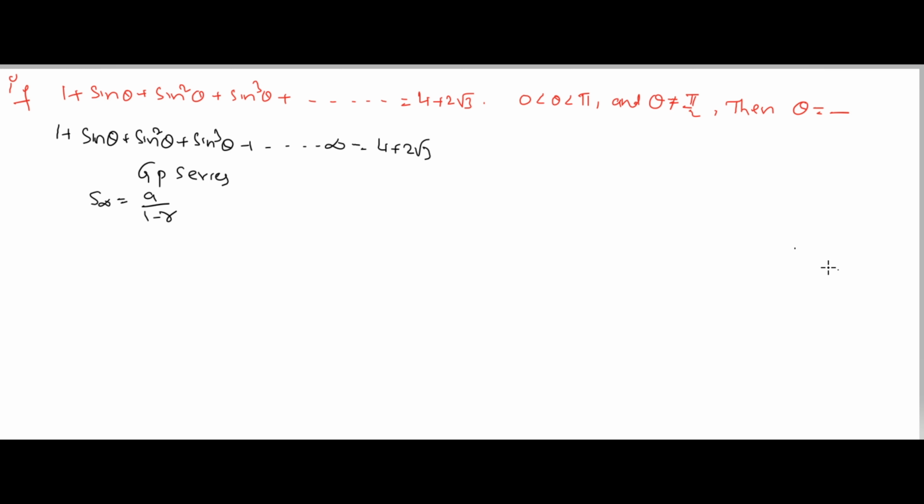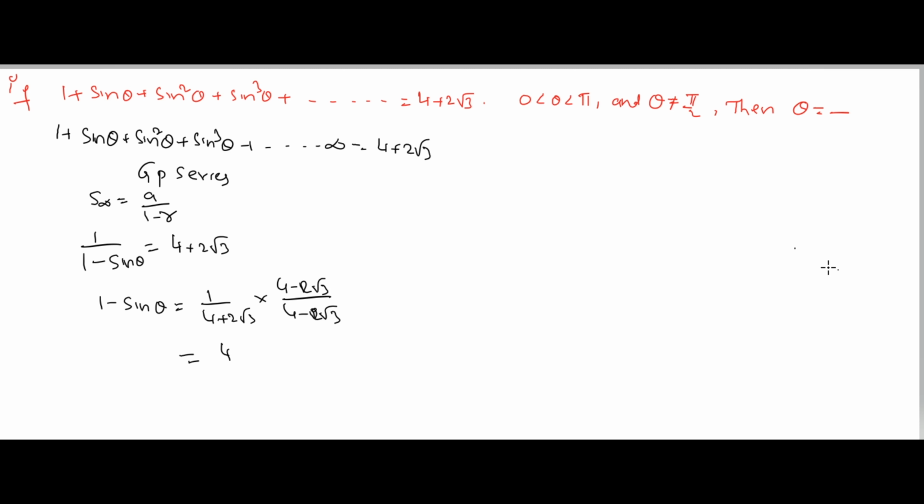So 1 by A value is 1 minus R, and the common ratio is sin theta. So 1 minus sin theta is equal to 1 by (4 plus 2 root 3). Take rationalization, that is (4 minus 2 root 3) by (4 minus 2 root 3).